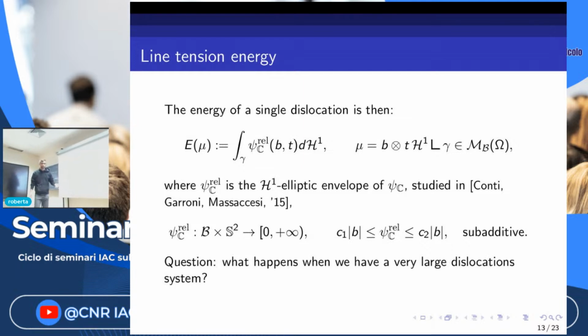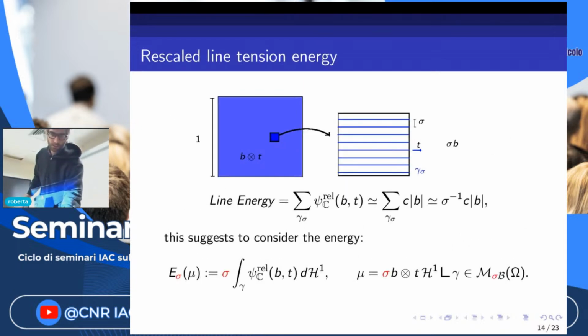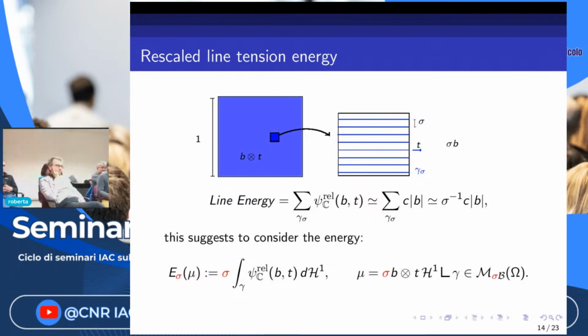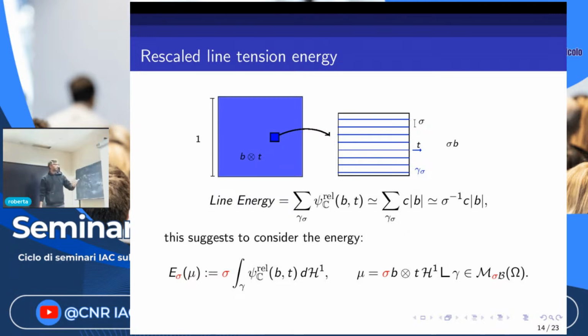This is not just a mathematical exercise. In the spirit of gamma convergence, the game is the same as before: maybe in the limit there is something more useful that I can compute quickly.